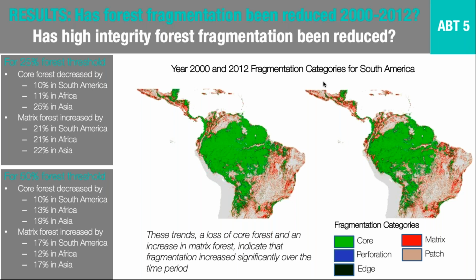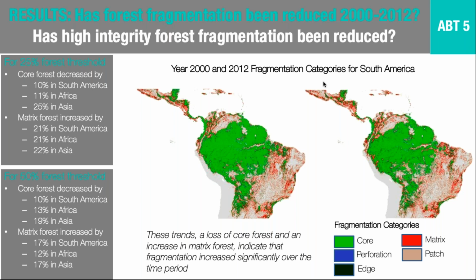And so on the right, we can see maps of this for South America and Central America, showing those fragmentation categories: core in green, perforation in blue, edge in black, matrix in red, and then patch in the light brown.